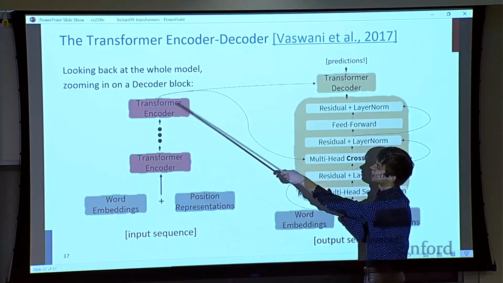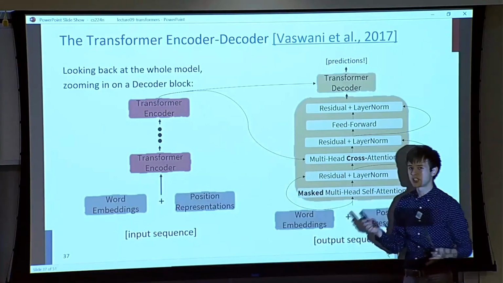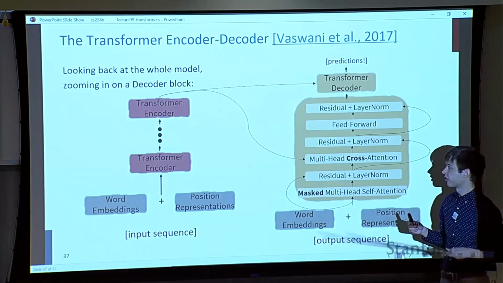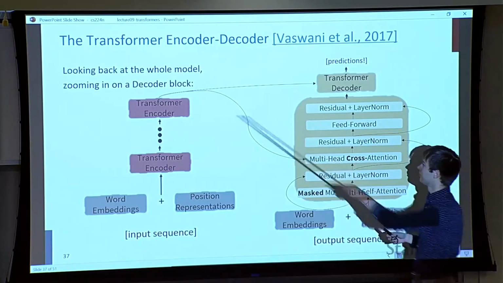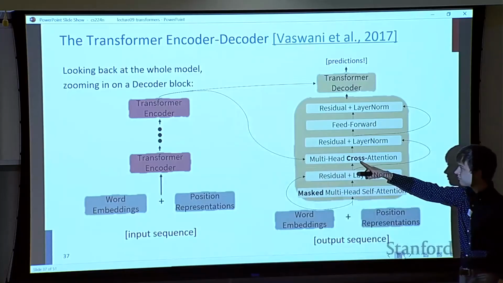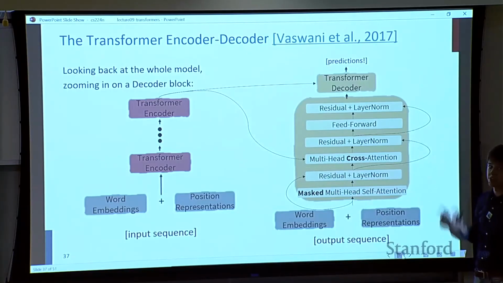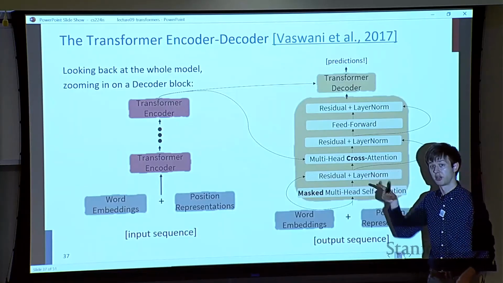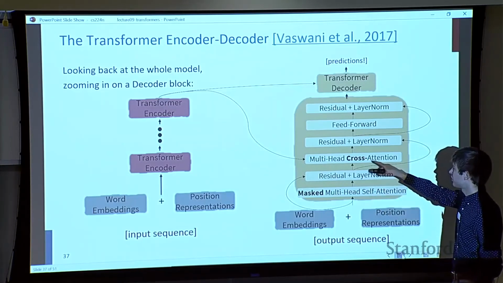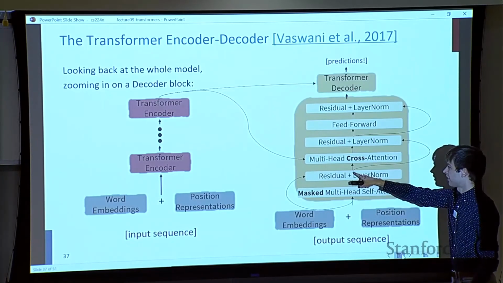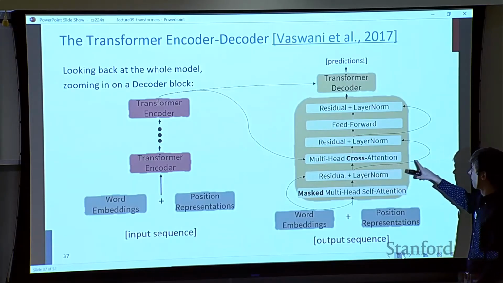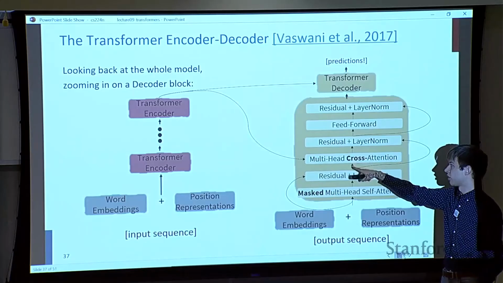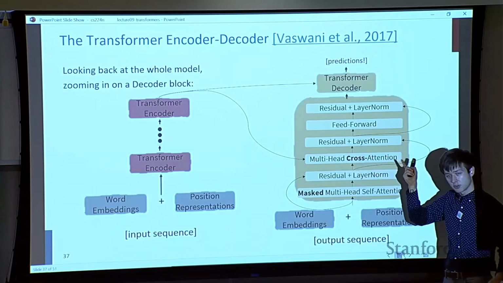So this connection to the transformer encoder is a lot like what we saw in attention so far. We're attending from the decoder to the encoder. So in each transformer decoder block, we've got two different attention functions going on. So we do the cross-attention, and we add the result of the residual and layer norm to the next residual and layer norm, along with that of the multi-head cross-attention. Okay?